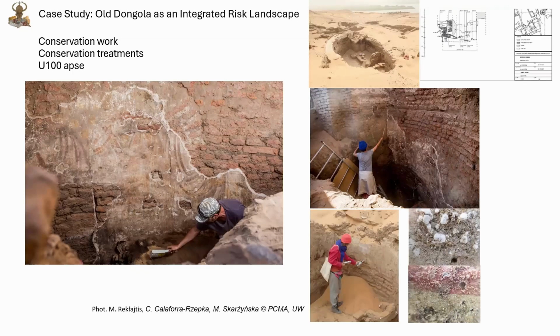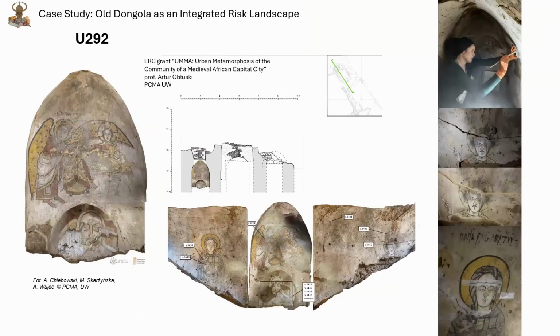You have examples of ongoing archaeological works from 2023, when a huge apse was found with wall paintings. And one year later, a small room under a floor was excavated, with wall paintings on a mud plaster.